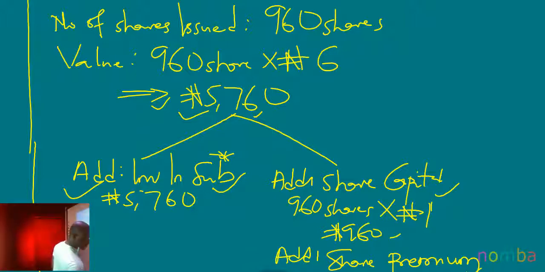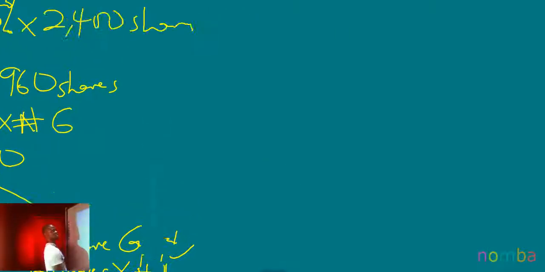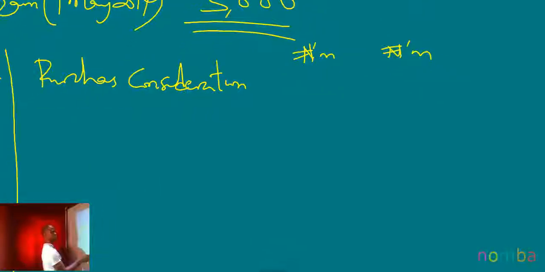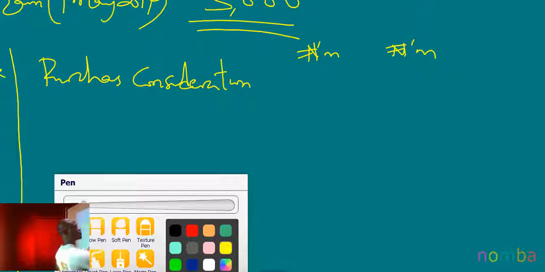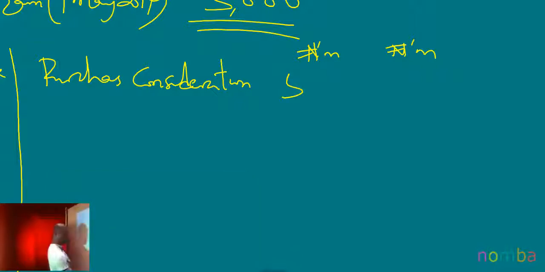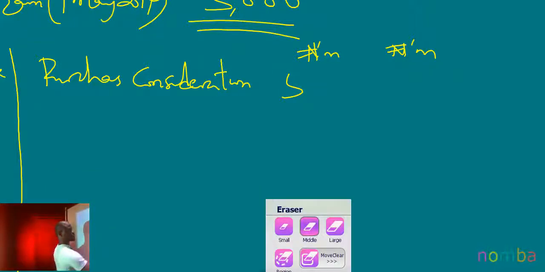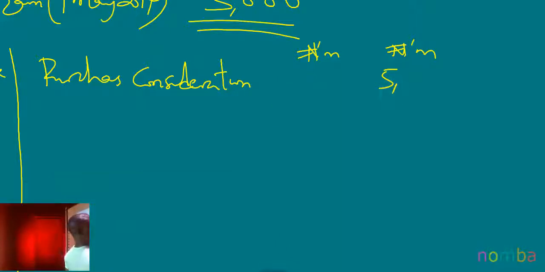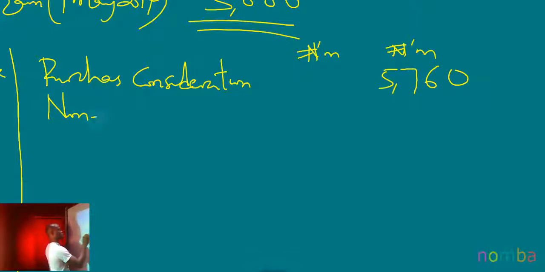So let's go and have it as 5,760. That's the amount paid by the parent. Then I will determine the amount paid by the non-controlling interests, the NCI.